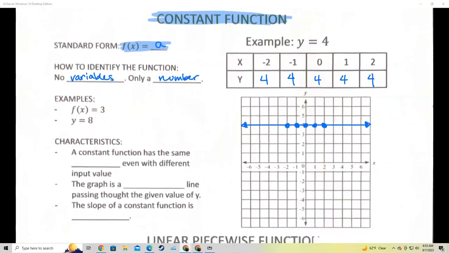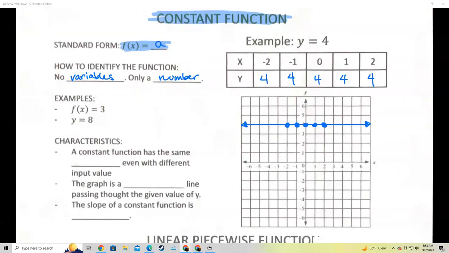So now that we know what the graph looks like, let's go ahead and start talking about some of the characteristics. A constant function has the same output, even with different inputs. So let's go ahead and write that. The graph is a horizontal line passing through the given value of y.